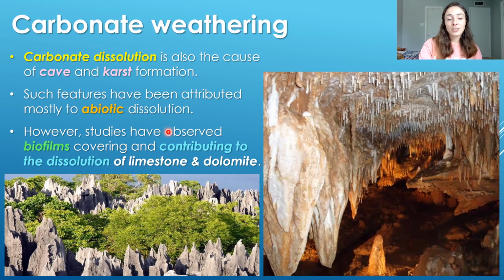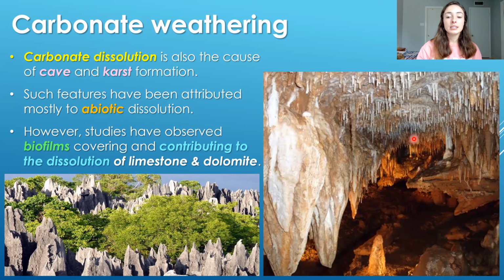However, such features have been mostly attributed to abiotic dissolution. So what does it have to do with microbial weathering or microbial dissolution? Well, recent studies have observed biofilms covering and contributing to the dissolution of limestones and dolomites, which might have contributed in the past to cave formation in some cases.